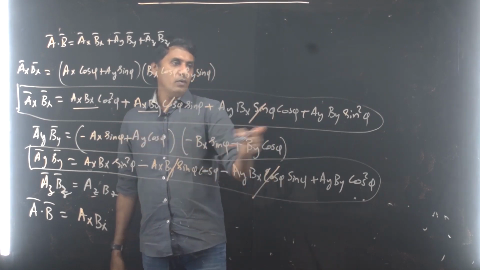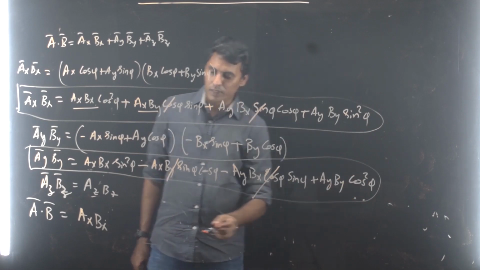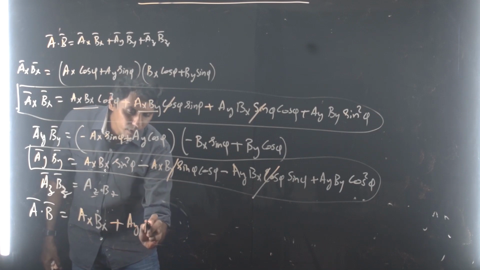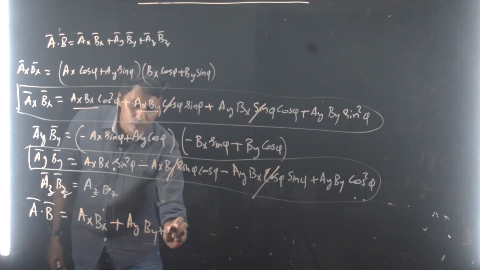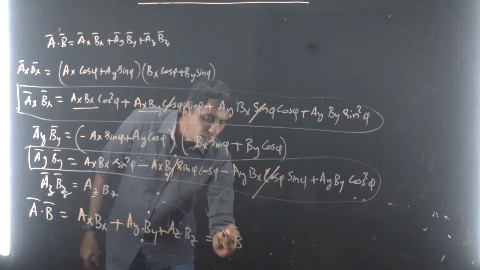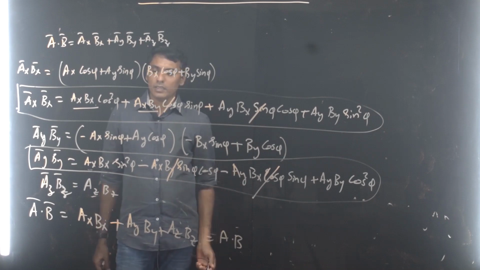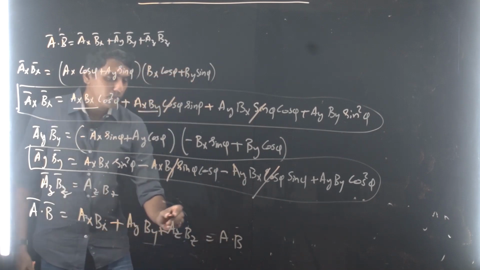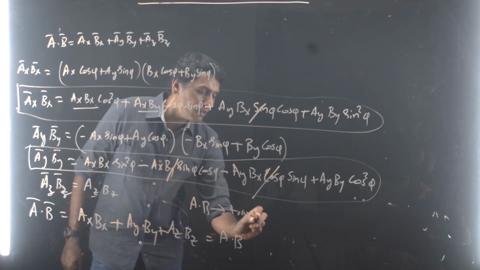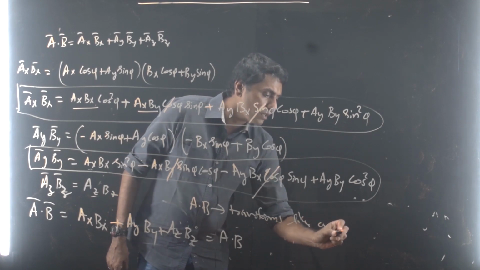Then the final Ay By sin square phi plus Ay By cos square phi will give you Ay By, and the final term Az Bz, and that is equal to A dot B. From this clearly you know that A dot B transforms like a scalar.